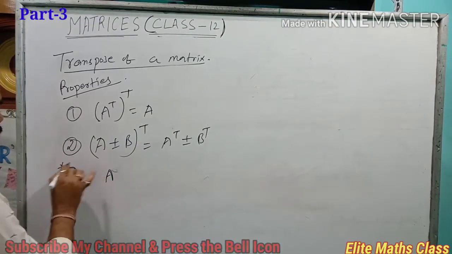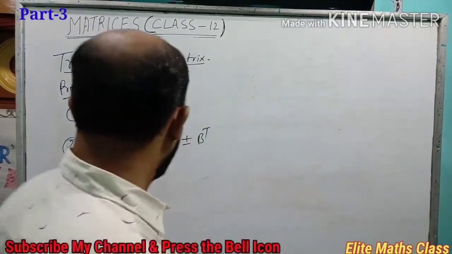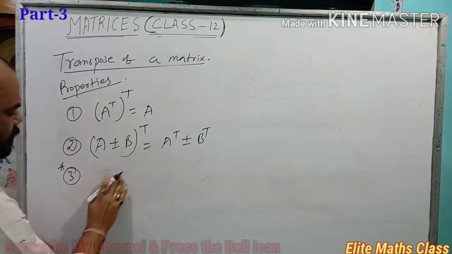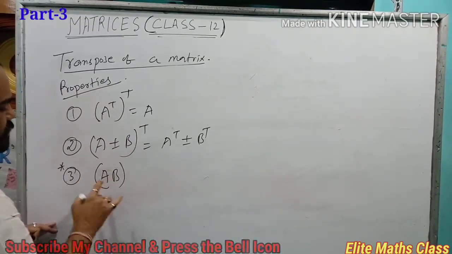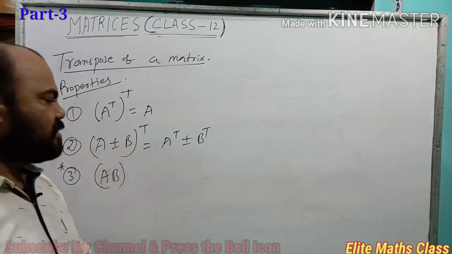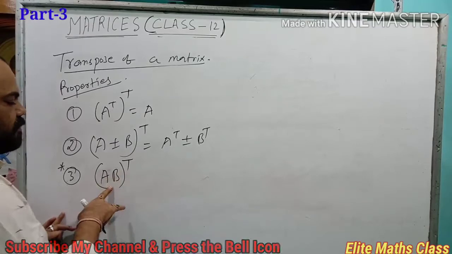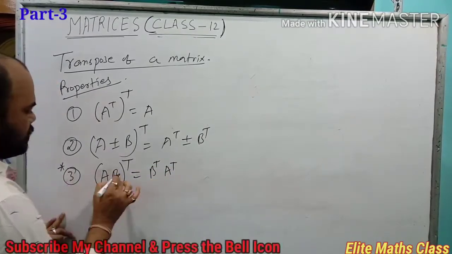The third property is the transpose of a product. Here, the multiplication of two matrices I have not defined yet. In my next videos I will define how to find the product of two matrices. Here just remember the properties. Say A and B are two matrices such that you can find the product. Then what will be the transpose of the product matrix? This will be B transpose into A transpose.